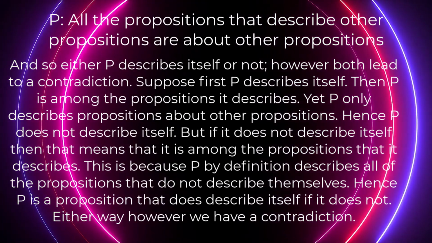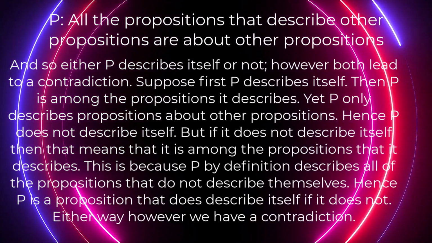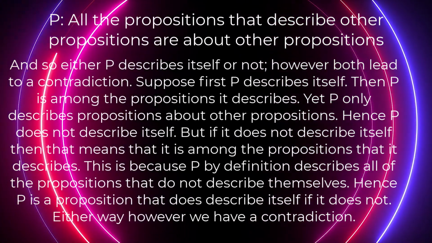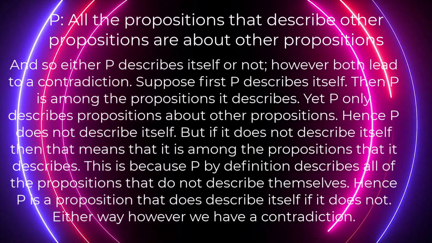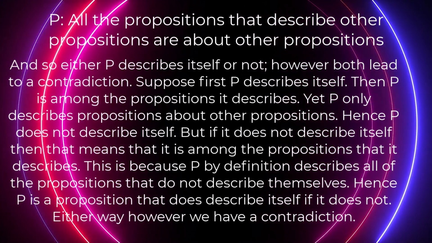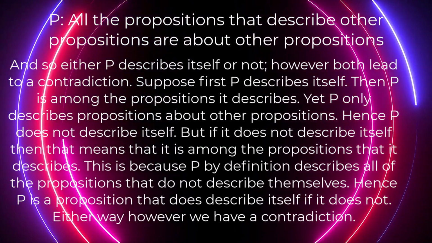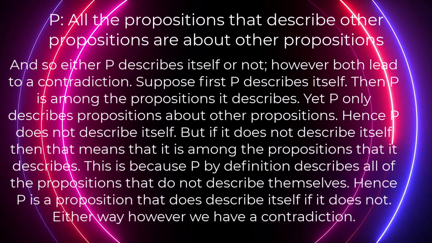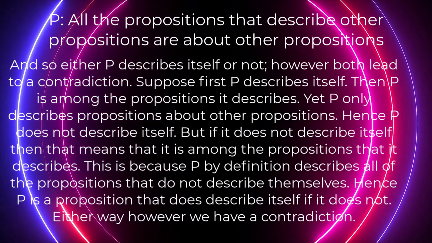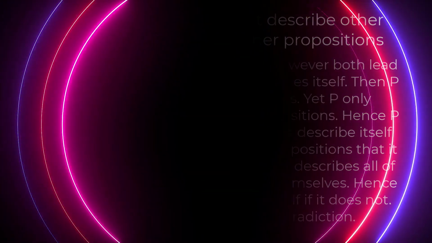Yet P only describes propositions about other propositions. Hence P does not describe itself. But if it does not describe itself, then it is among the propositions that it describes. This is because P, by definition, describes all the propositions that do not describe themselves. Hence, P is a proposition that does describe itself if it does not. Either way, we have a contradiction.